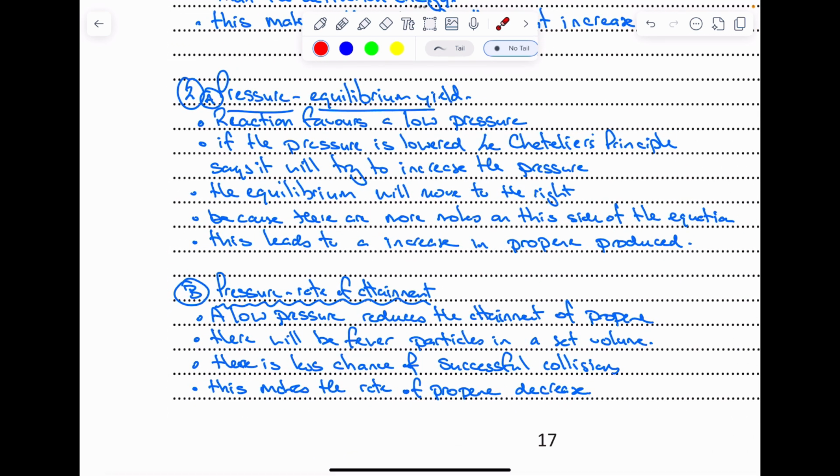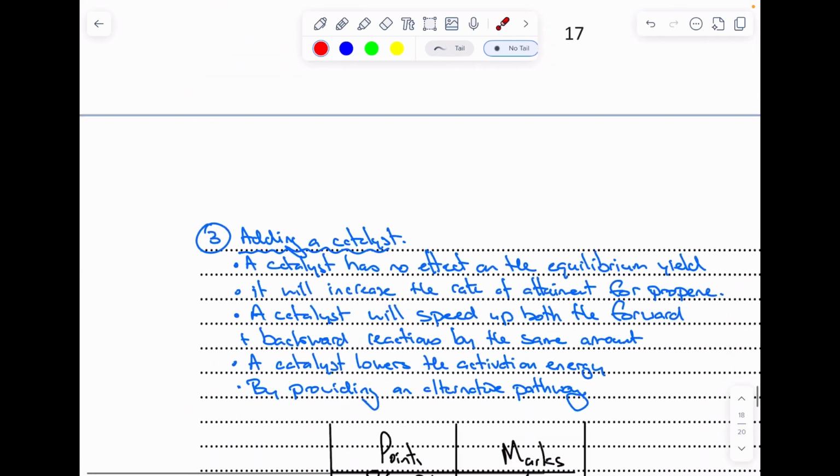But if we have a low pressure, then it reduces the attainment, because there'll be fewer particles in a set volume, and therefore there's less chance of successful collisions, and the rate is going to slow down. The final thing to mention is about a catalyst.